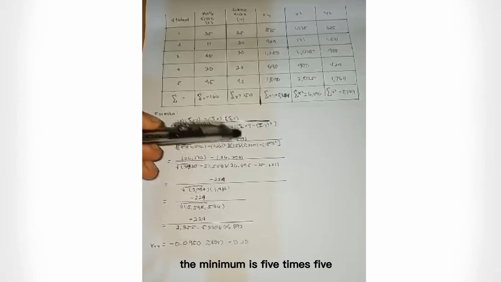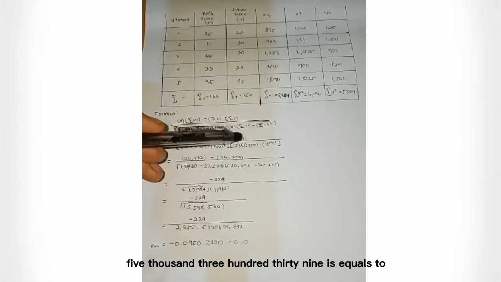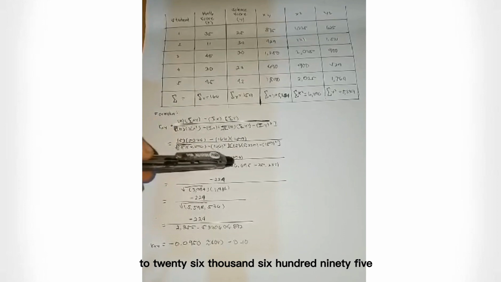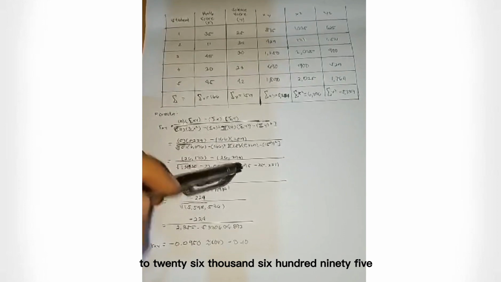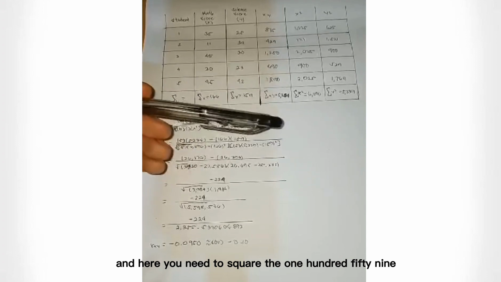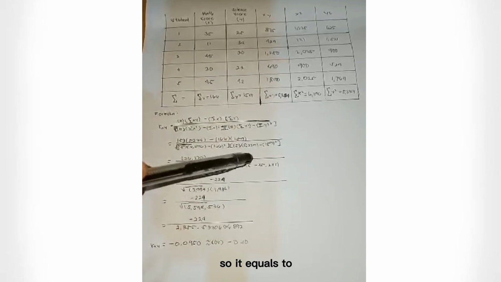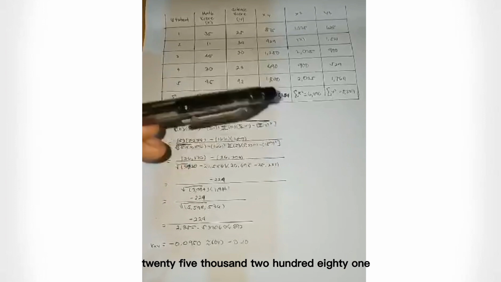Here is 5 times 5,339, which is equal to 26,695. And here you need to square the 159. So 159 times 159 equals 25,281.